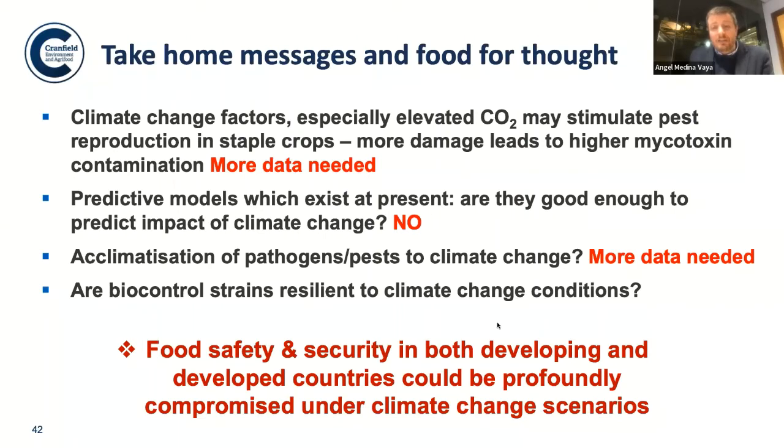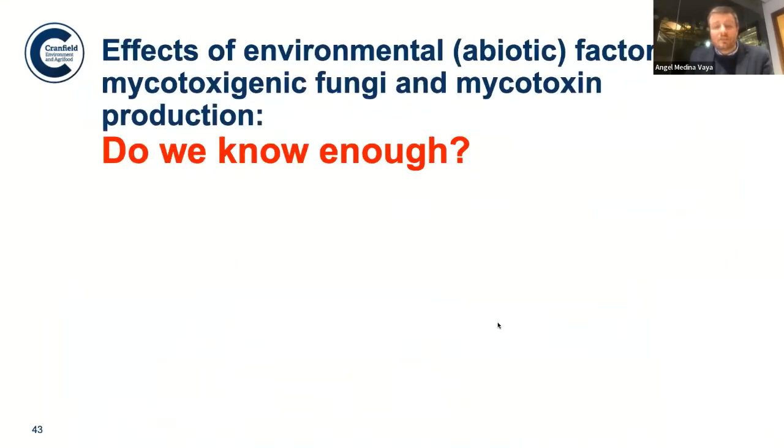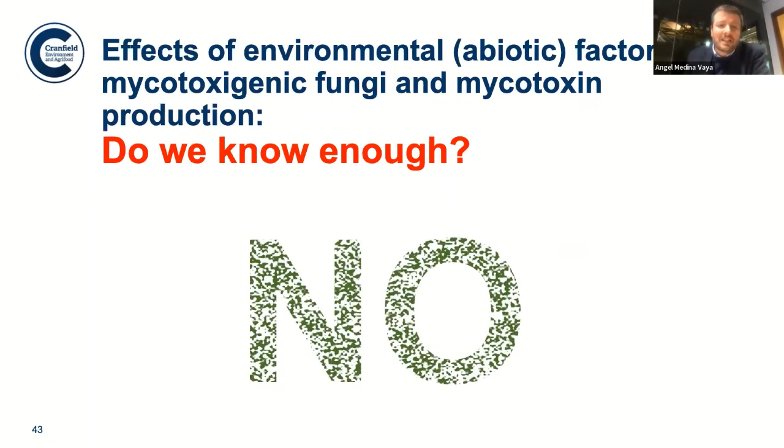And one of the big take-home messages from me is that we are 10 years down the road looking at how abiotic factors related to the environment affect mycotoxigenic fungi and mycotoxins, and I still ask myself, do we know enough? I always come up with the same answer, and the answer is no.